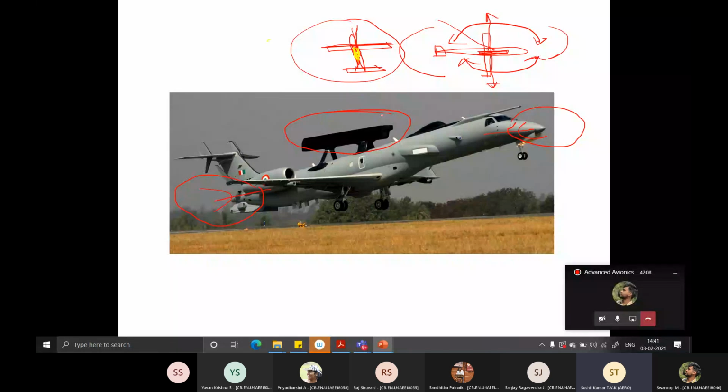On one hand, Air India has become uneconomical to operate, so they want to get rid of those aircraft. So this bureaucrat said, why buy an aircraft, use the Air India aircraft and modify it, since we have the radar technology with us. All that is required is just fitting those radars. So I think around 8 Air India Airbuses are being modified into AWACS now. So that's the latest on the AWACS technology.